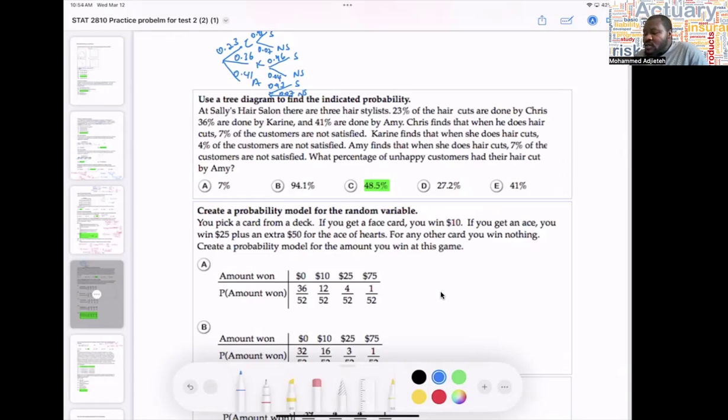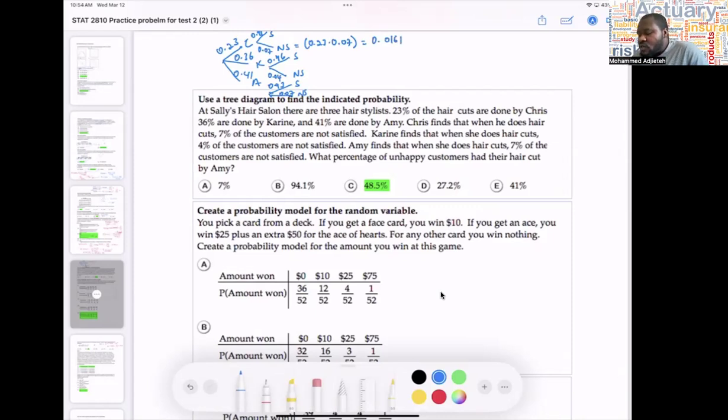To do that, we are going to multiply 0.23 times 0.07, and that gives us 0.0161.